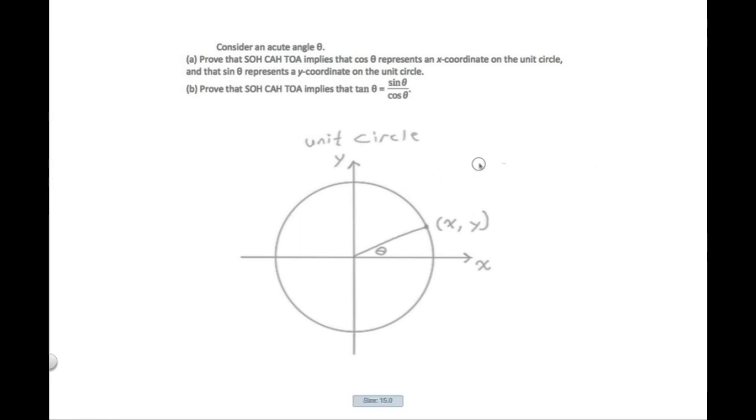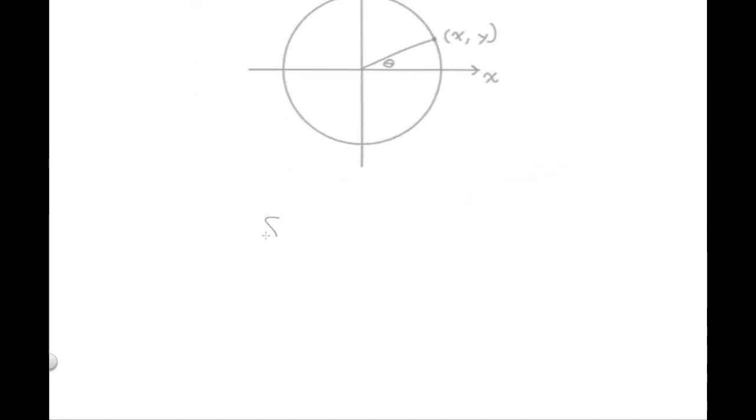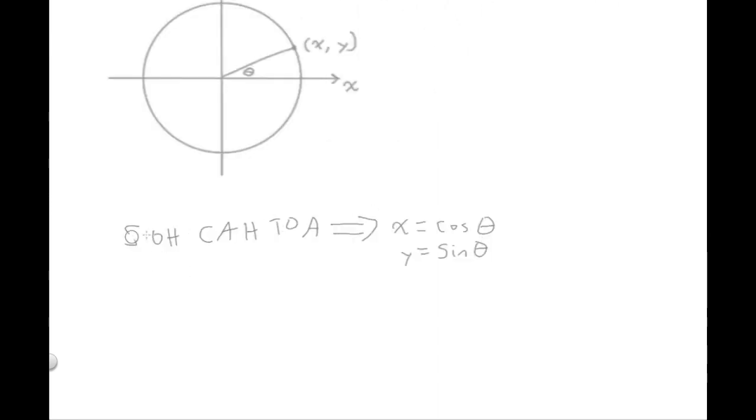So what are we allowed to use and assume? Well, the problem told us we're allowed to use and assume Sohcahtoa. So we will use and assume the ideas behind Sohcahtoa, and hopefully we will be able to use these ideas to demonstrate at the end of the proof that the x-coordinate is the cosine of theta and that the y-coordinate is the sine of theta.